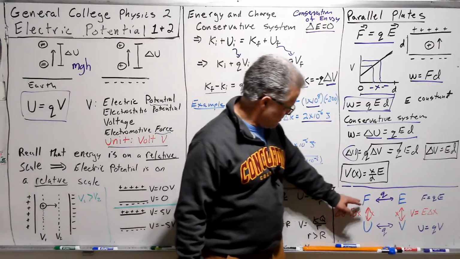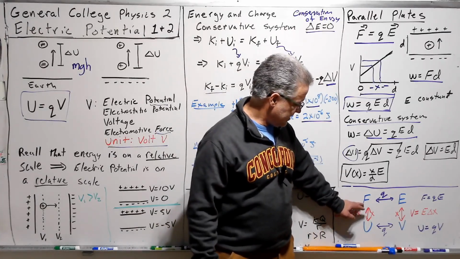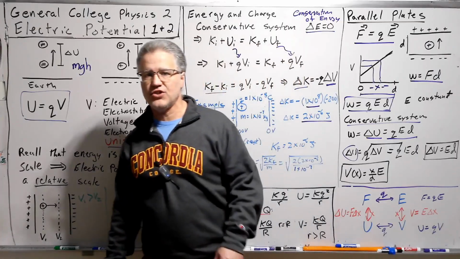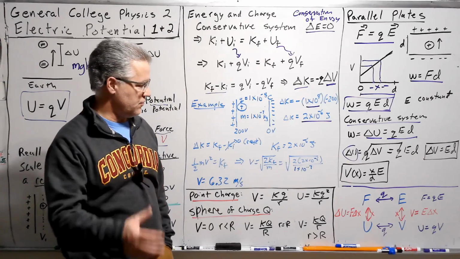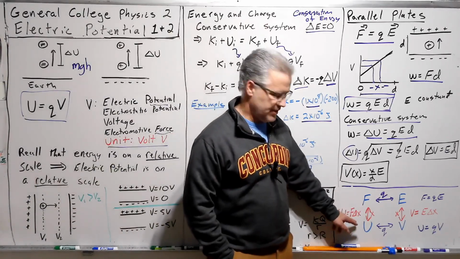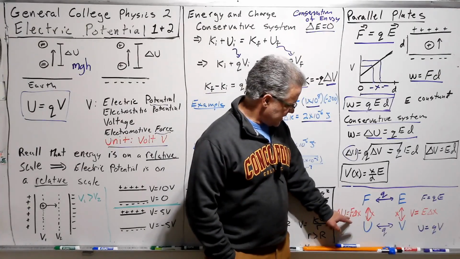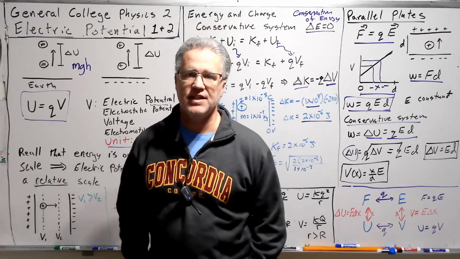Now, we also know, at least in these conservative systems, that we can get the potential energy from the force by looking at the work that we do. And in general, we can do this through calculus-based methods. We see that the change in the potential energy is just the force times the change in the distance here.